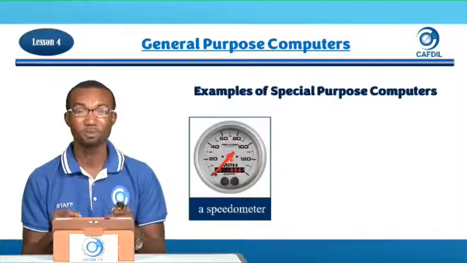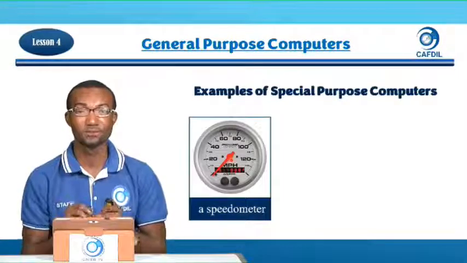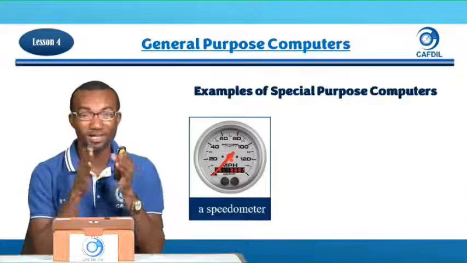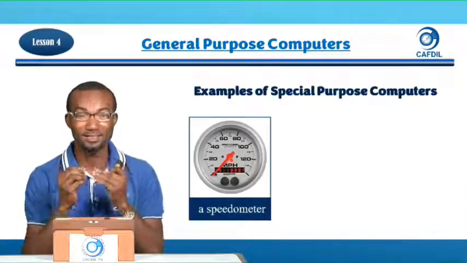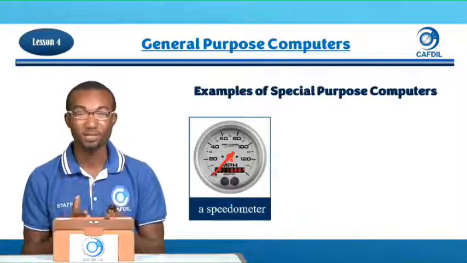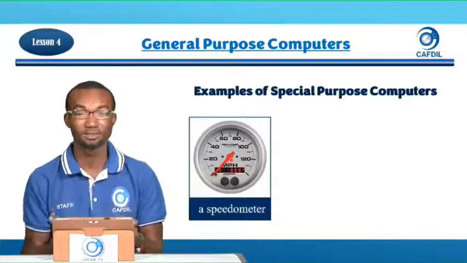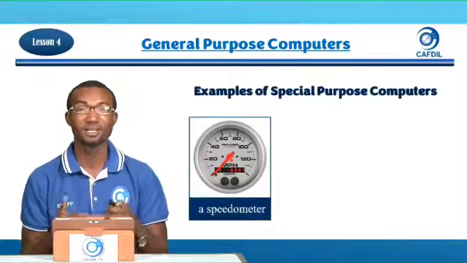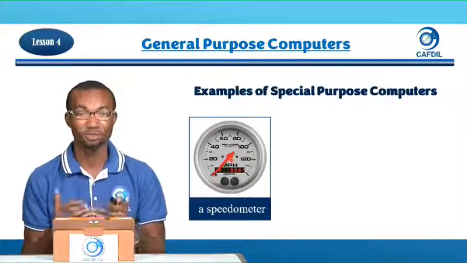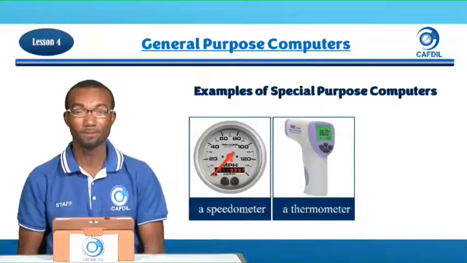So special purpose computers are built to perform a specific task. If you don't use it to perform that task, then that device becomes useless. So a speedometer is used to measure the continuous speed of an object, and that makes it a special purpose computer. Let's look at the next example, a thermometer.